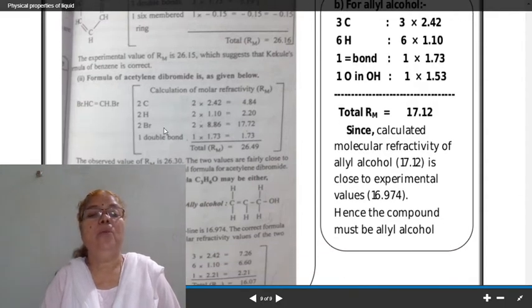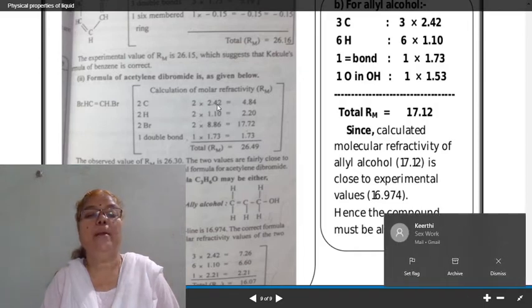Here all of you know the contribution of carbon atom, it is equal to 2.42, and in this acetylene bromide there are two carbons, therefore 2 into 2.42, it is equal to 4.84.